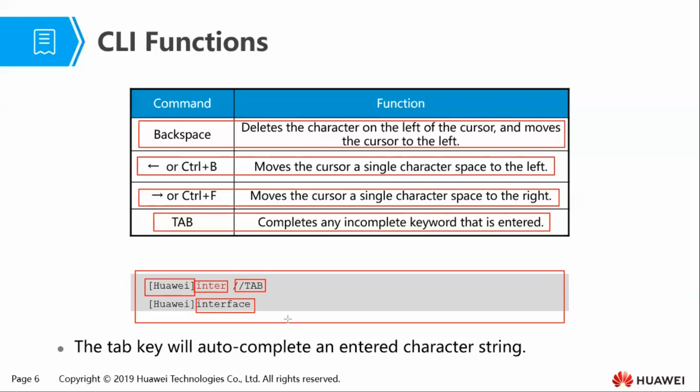Now, in case, for example, you have several commands that are starting with these letters, then pressing the tab will cycle through the list of those commands that start with the letters INTER. So it's important to remember that you press tab, it goes to the first keyword, tab again, the next keyword that starts with those letters, tab again, like that. So that is what tab is used for.